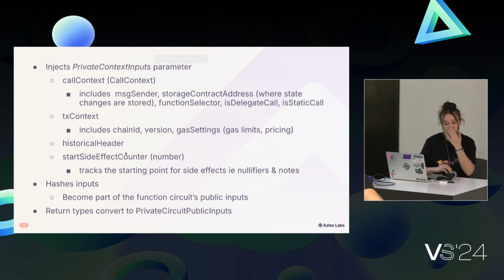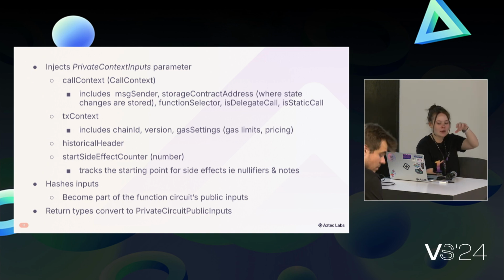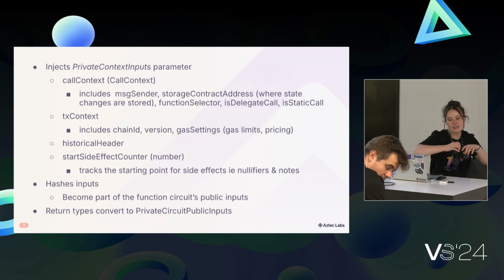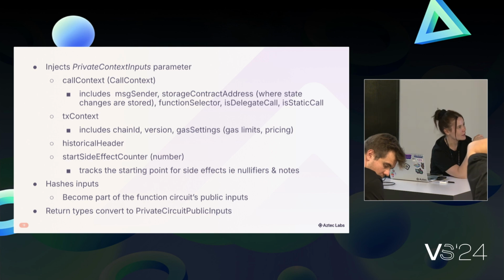Whenever we do private functions, whenever we mark it as Aztec private, we're injecting this private context inputs, which is things like message sender, the storage contract address, the function selector of what that function is, and various different things that the compiler needs to know. You're also passing in the chain ID and any settings about gas limits.